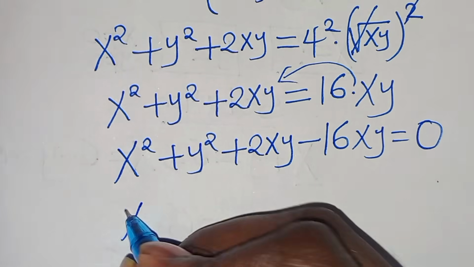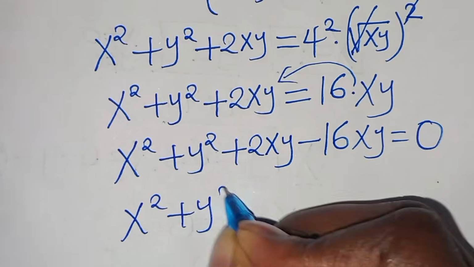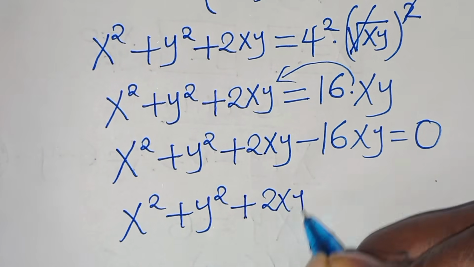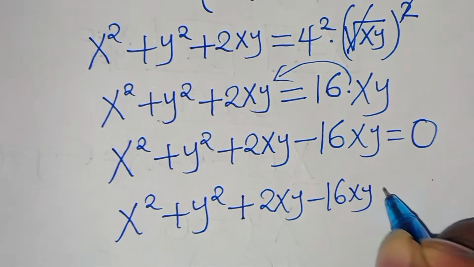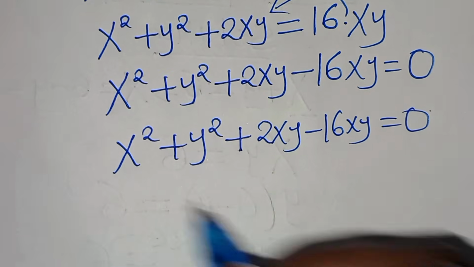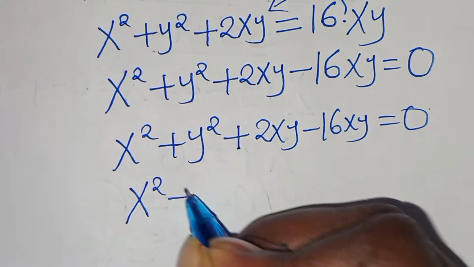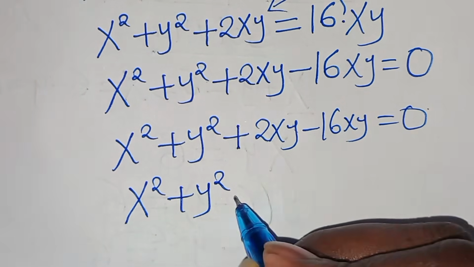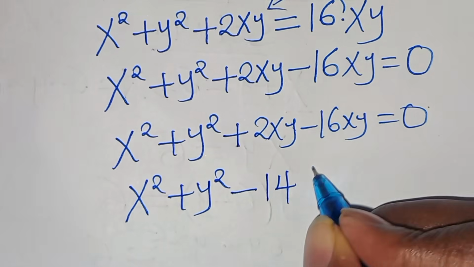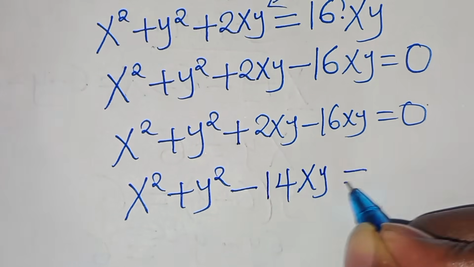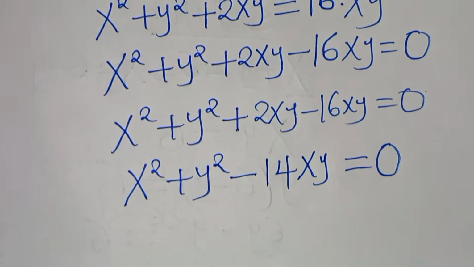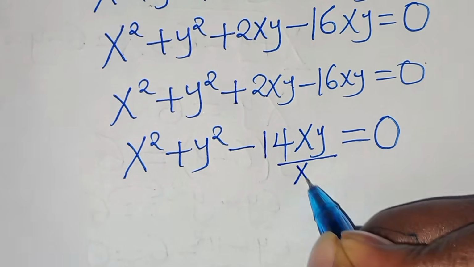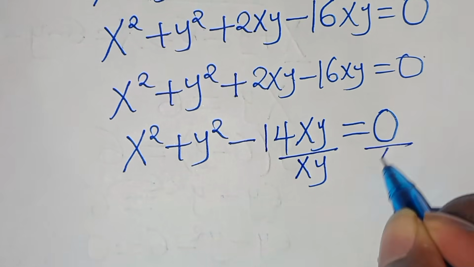So we have x squared plus y squared plus 2xy minus 16xy equal to 0. Now this becomes x squared plus y squared minus 14xy, equal to 0. So the next step from here, let's divide everything by xy.